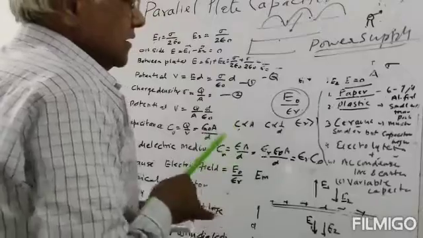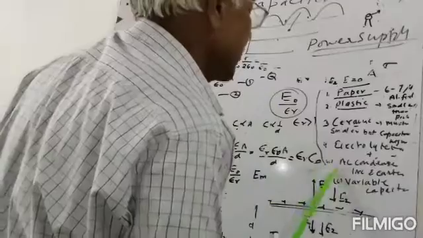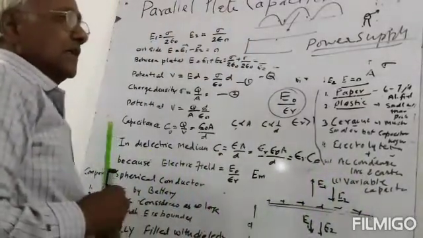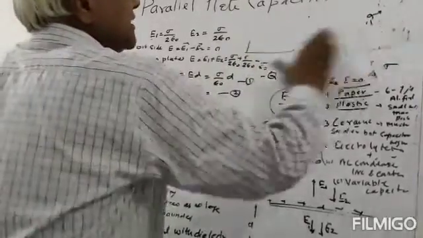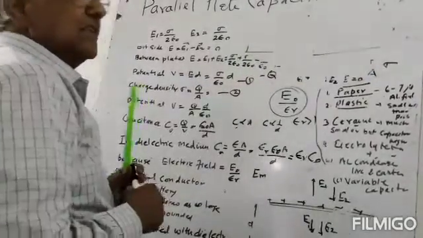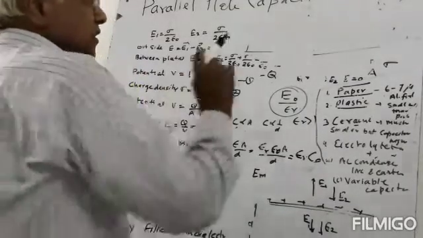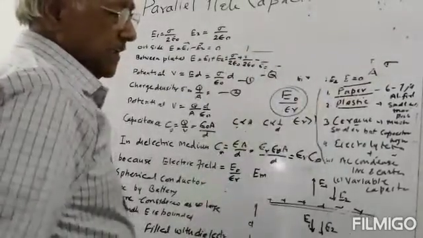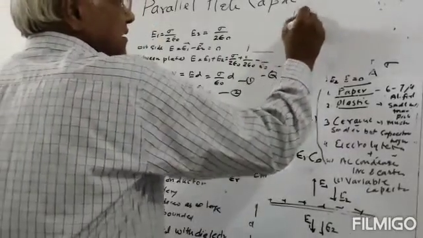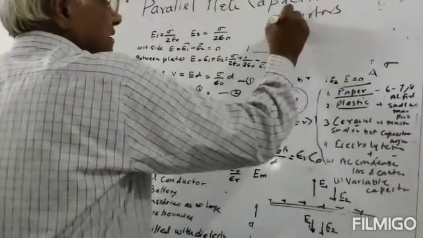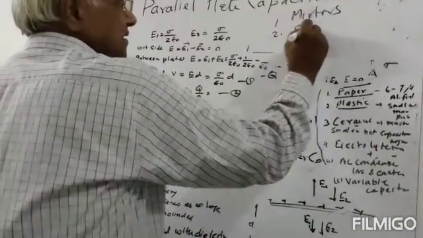And the next type of capacitor is the AC condenser. As I have told you earlier, AC capacitors are used in fans and motors.